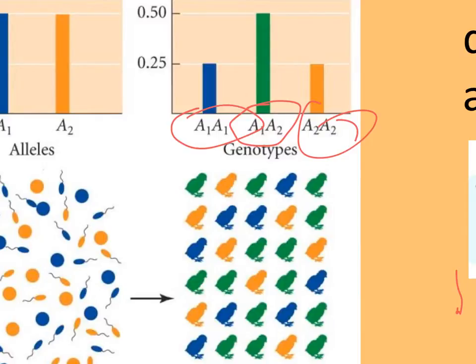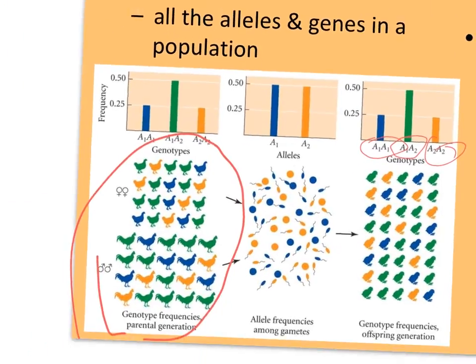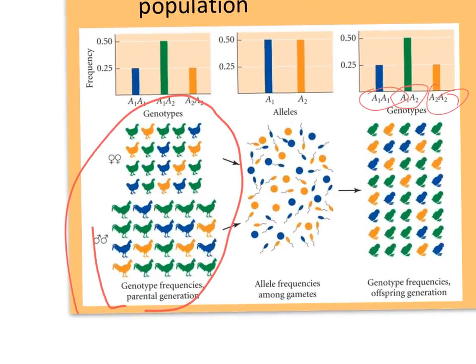Okay, now, an individual, so we have all these alleles, but an individual always has two of them, and that is their genotype. Okay? So they've got alleles, A1 and A2, and you have three genotypes that you can possibly have. You can have A1A1, A1A2, which is heterozygous, and A2A2.